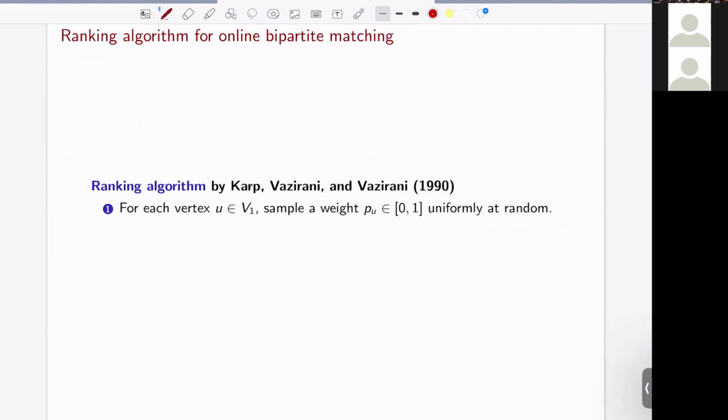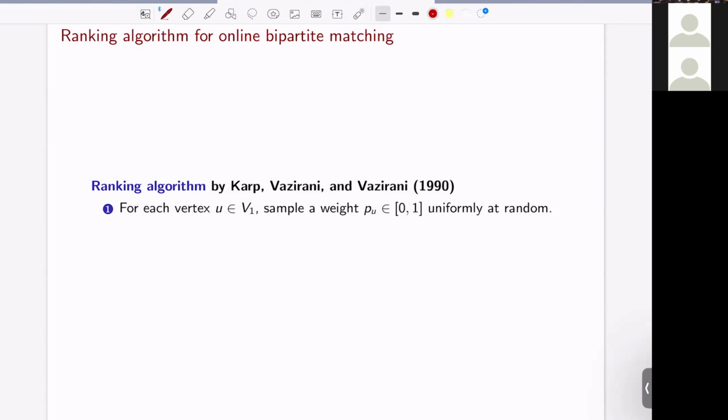For the set of vertices that are available to me, one side V1, I randomly assign priorities. For each vertex, I take a random value from 0, 1 uniformly at random. So this is a priority or importance value.